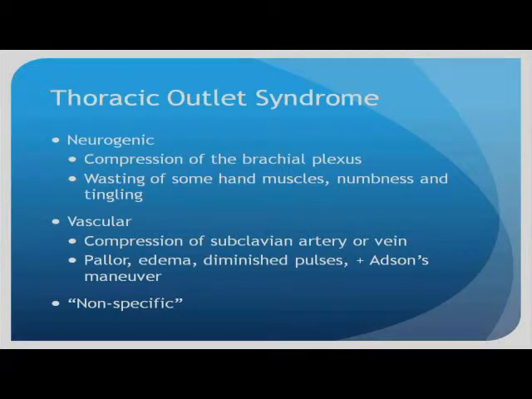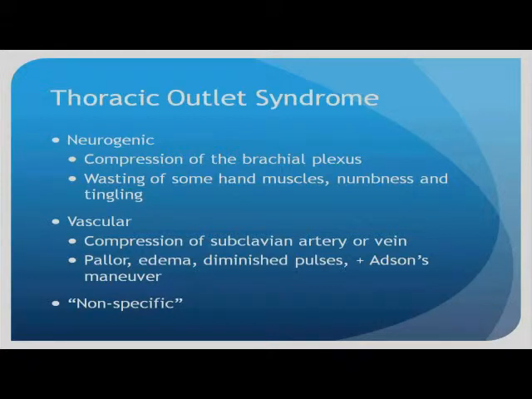And then the non-specific ones are what the majority of the medical world refers to. What I suspect is mostly somatic dysfunction related, and that non-specific diagnosis is the vast majority of thoracic outlet syndrome. It's only actually even being recognized by a lot of physicians as actually being a type of thoracic outlet syndrome.